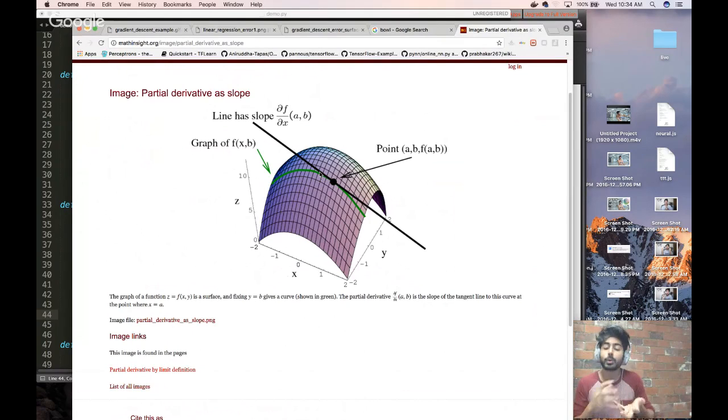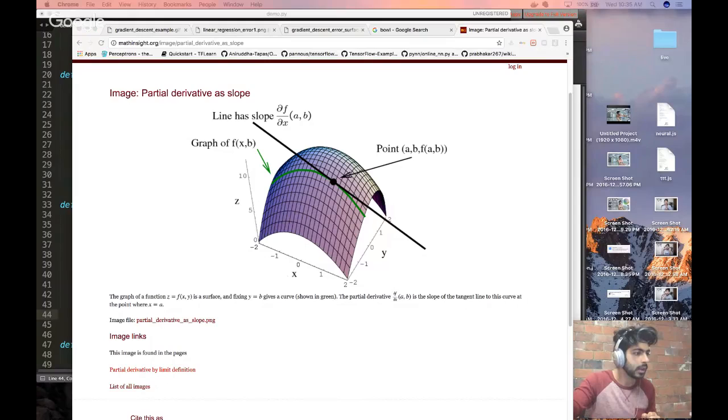We say it's partial because we're calculating for both B and M. There are two different things. It's going to give us the tangent line, as you see right here. That line is our direction, and we're going to use it to update our B and M values, okay?